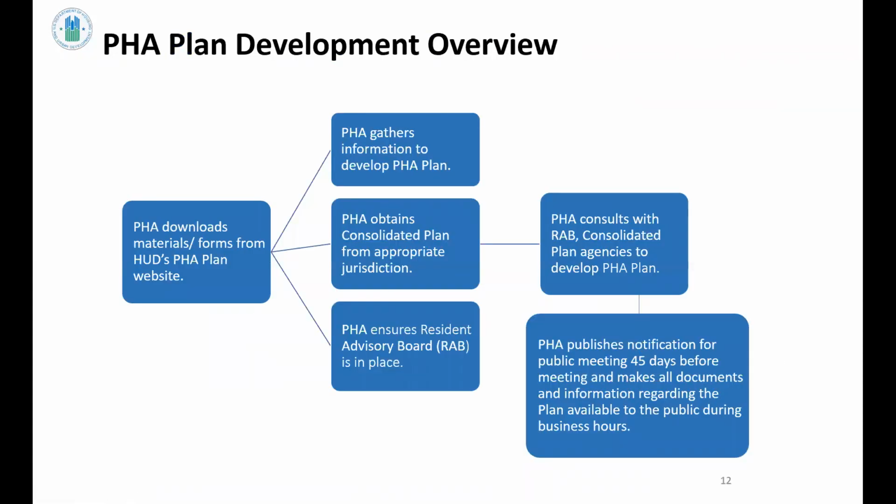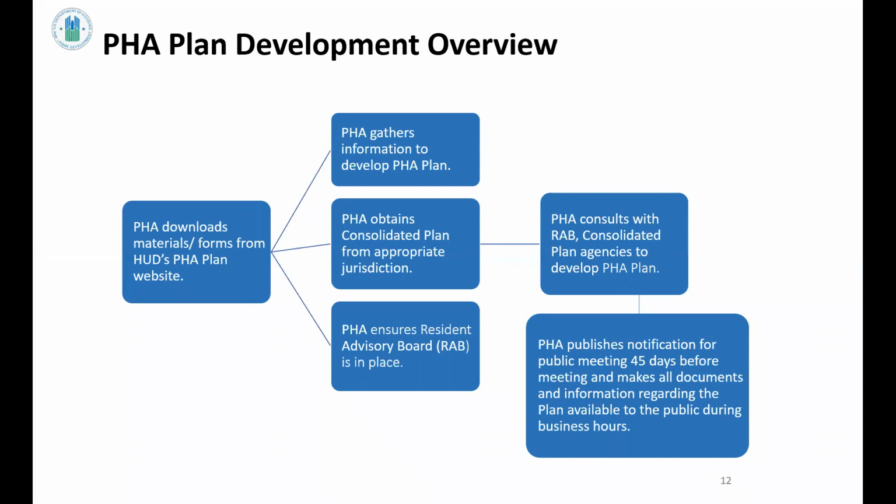So the next two slides are a sample timeline or flow chart of the development process of the plan. It is important that PHAs begin the planning process several months prior to the due date. One of the most important first steps in the plan development process is for the PHA to establish a schedule for the plan's completion.